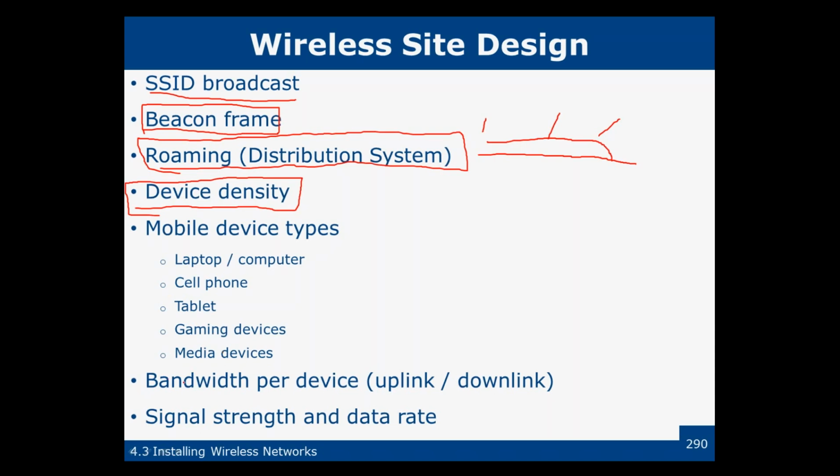The bandwidth per device, uplink and downlink, how much are we going to give these things, and then the signal strength and the data rate are related. The stronger the signal strength, the greater the data rate, and the farther we get away, the slower the speed is going to be, the worse the connection is going to be.